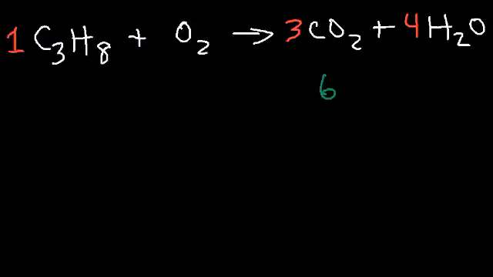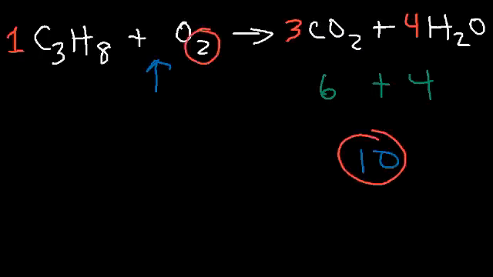If you don't see a subscript, it's a 1. 4 times 1 is 4. So we have a total of 10 oxygen atoms on the right side. So what number do we need to put in front of O2 so that we have 10 oxygen atoms on both sides? 10 divided by 2 is 5. So we need to put a 5 in front of O2.